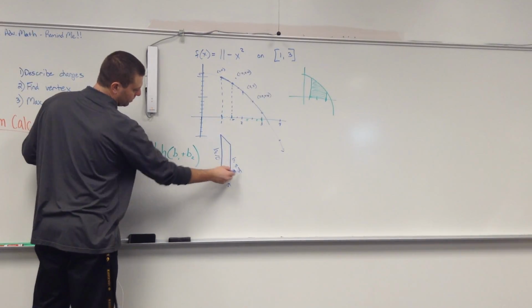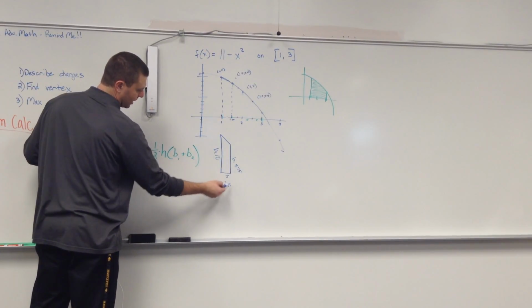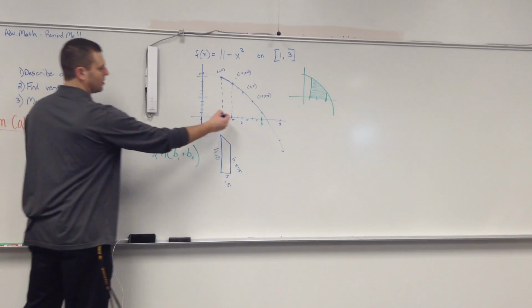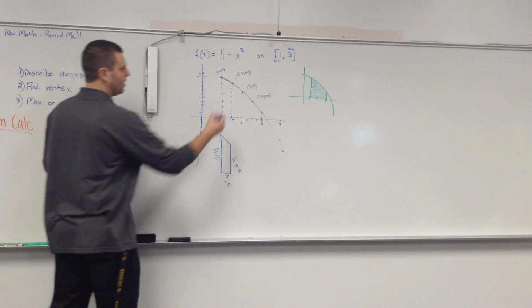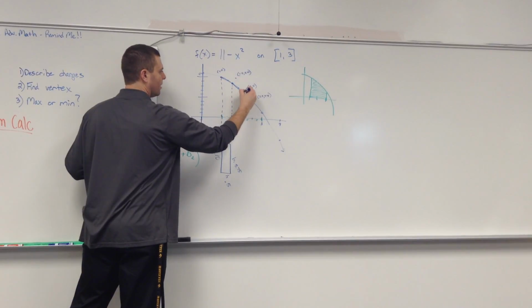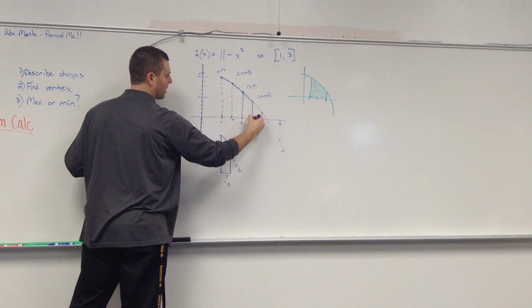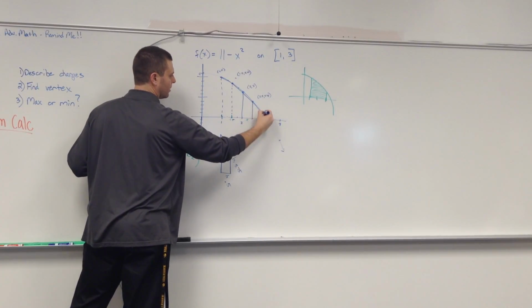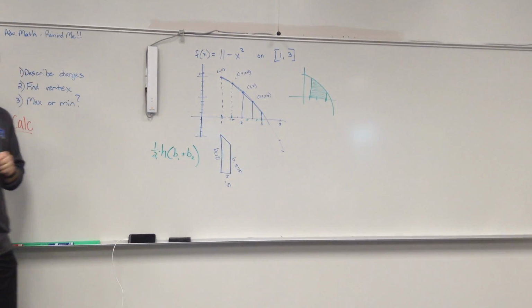So B1 plus B2, add those together, take it times the height, take it times a half, that would be the area of that trapezoid. Then find the area of that trapezoid. Then find the area of that trapezoid. And lastly, find the area of that trapezoid.